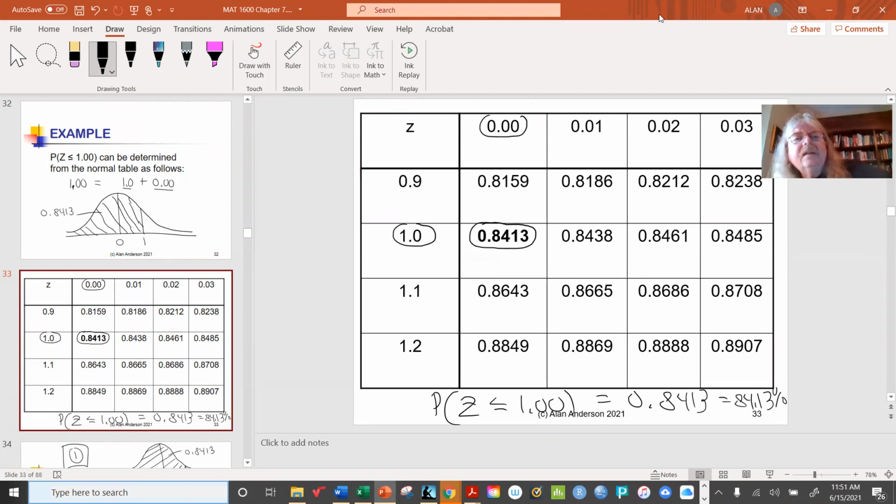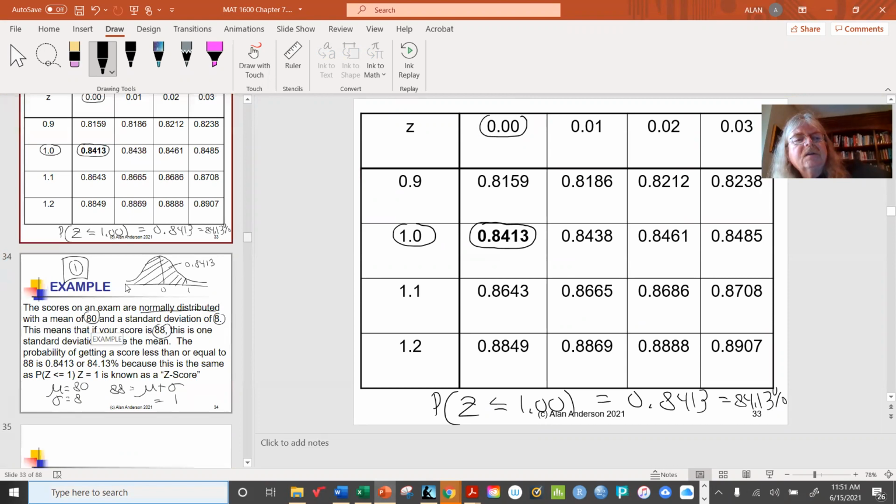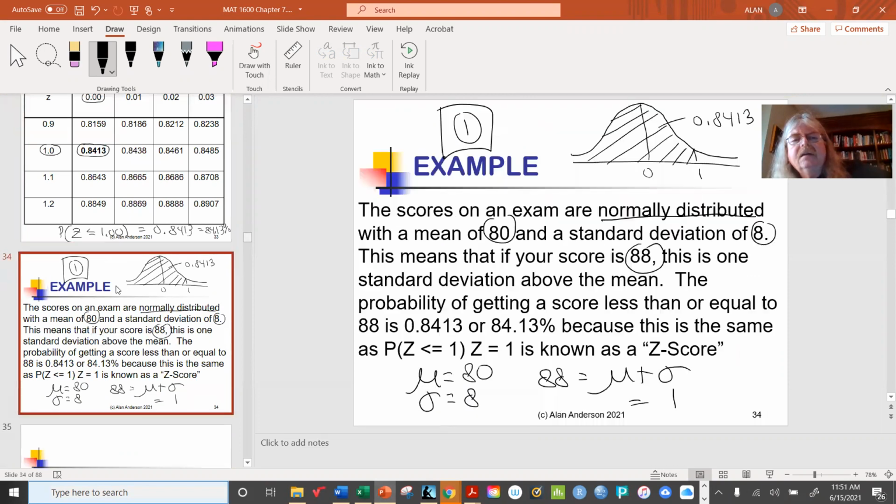So now we can think of this in terms of an application. Suppose that the scores on an exam are normally distributed, and the mean is 80, and the standard deviation is 8. If your score is 88, that means that you are 1 standard deviation above the mean.